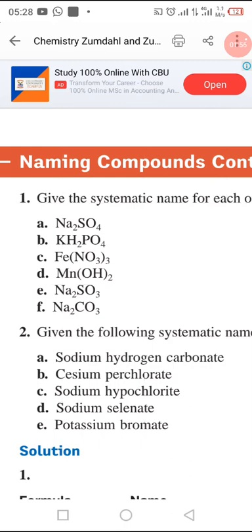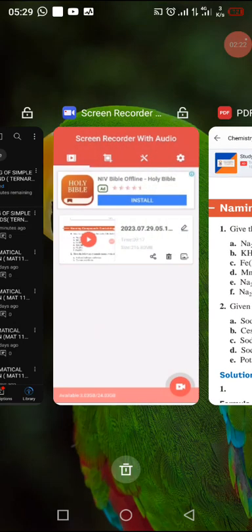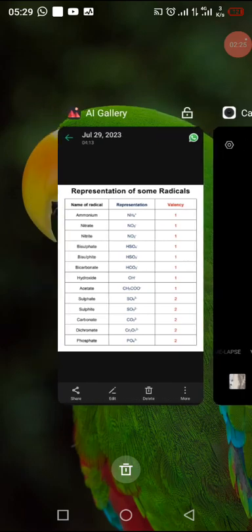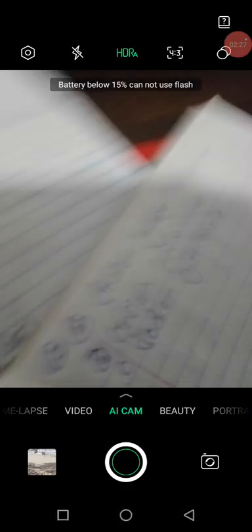Cesium perchlorate, and sodium hypochlorite, based on the information that I've been giving you.